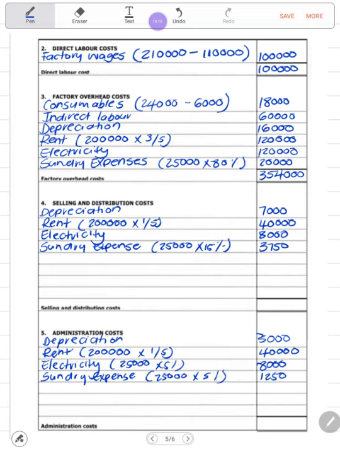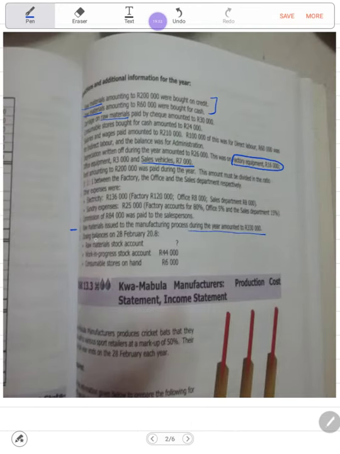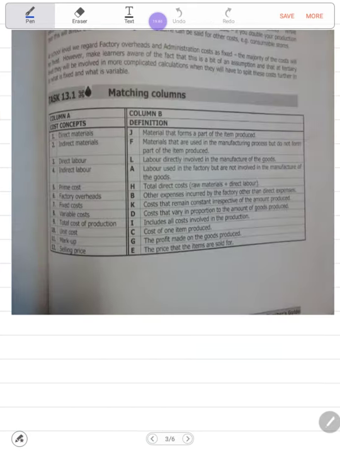Okay, then let me just see our commission. What is commission? It's when someone sells a vehicle and they get commission on the, well, in this case, bicycles. And then what did they say about the commission over here? The commission of 84,000 was paid to the salesperson.